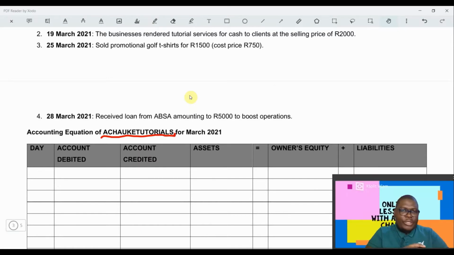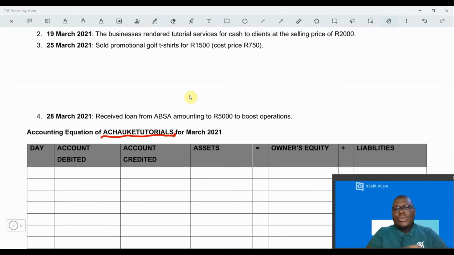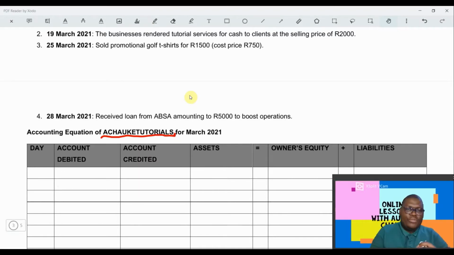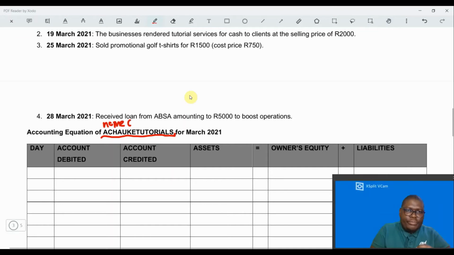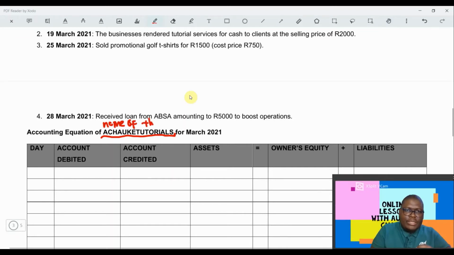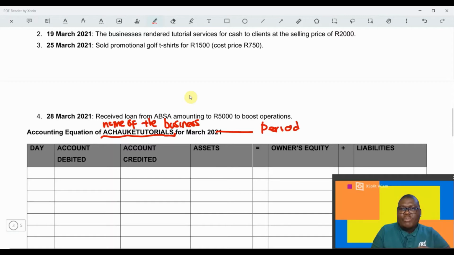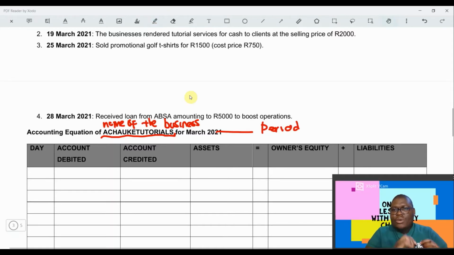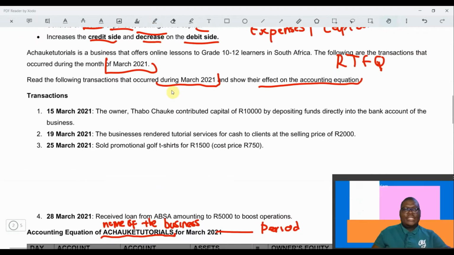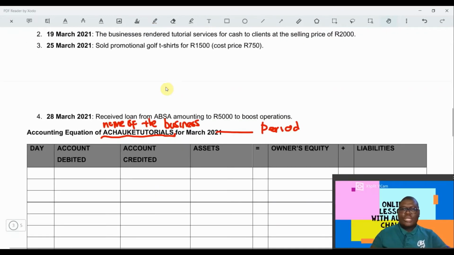You need to tell us which business you are preparing the accounting equation for, and then for which month. So we must know the name of the business, and then you must also show us the period for which you are preparing this accounting equation.